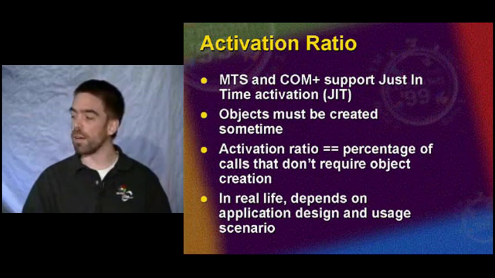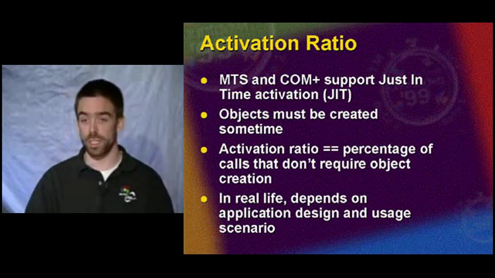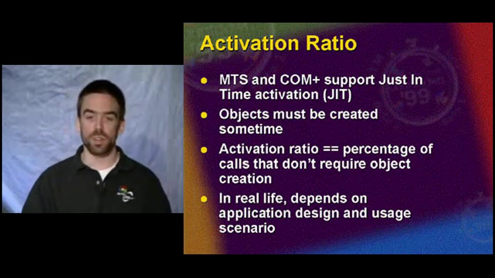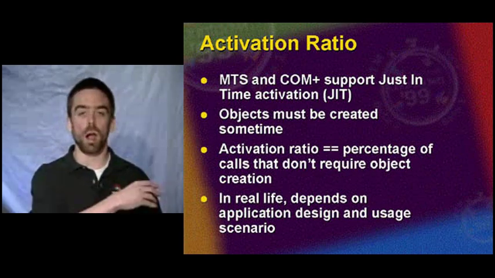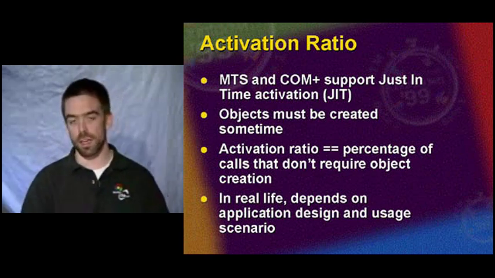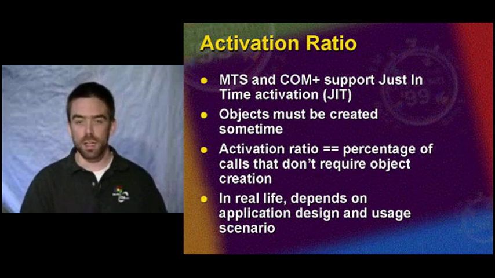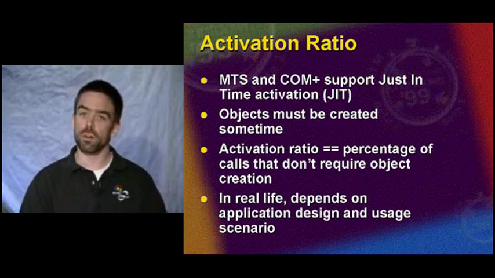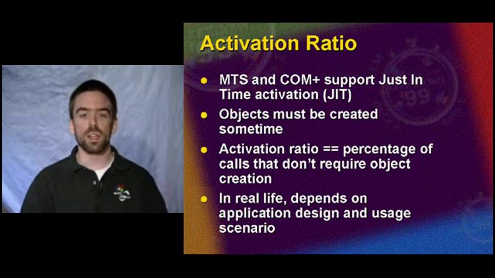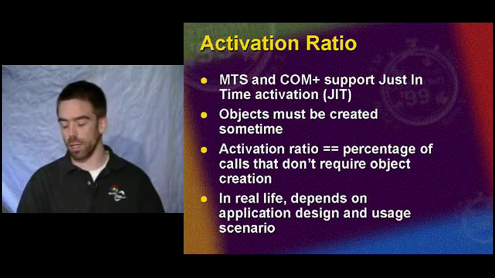And the way I define it, 100% activation ratio is 100% JIT, where the components were created at some arbitrary time in the past, and now all that's happening is method calls, while a 0% activation ratio is a no JIT scenario where every method call is accompanied by a co-create instance.